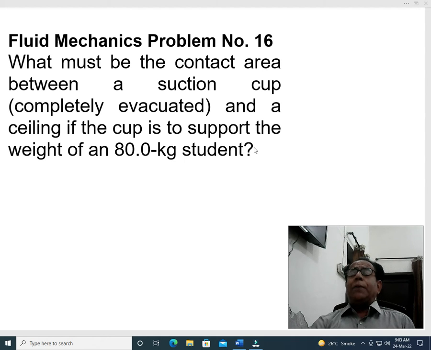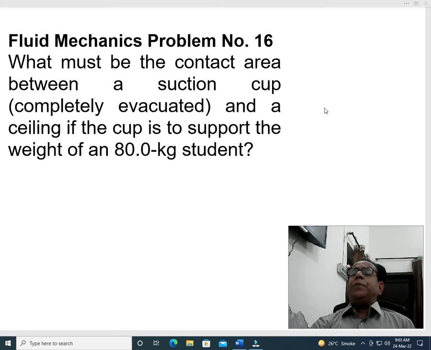In place of F we will take mg. Here only m is given, 80 kilogram, and g is constant. We know that acceleration due to gravity has value 9.8 meter per second square. Moreover, in the expression pressure equal to force over area, we will take value of P as constant from the table of conversion factors of pressure.